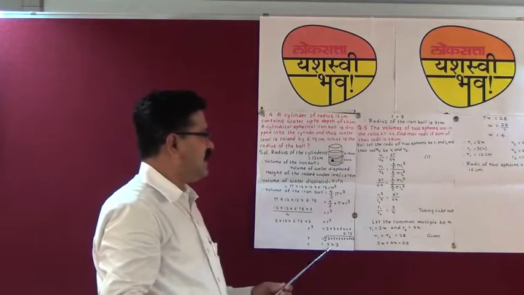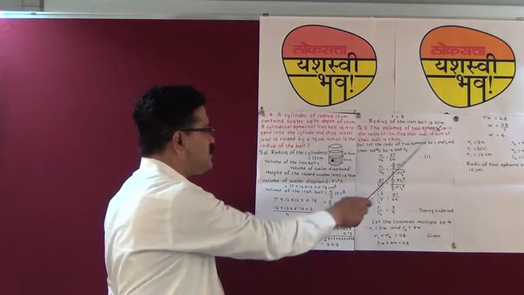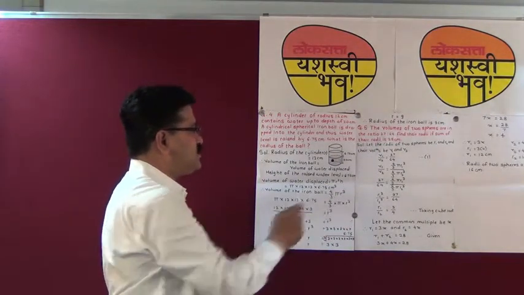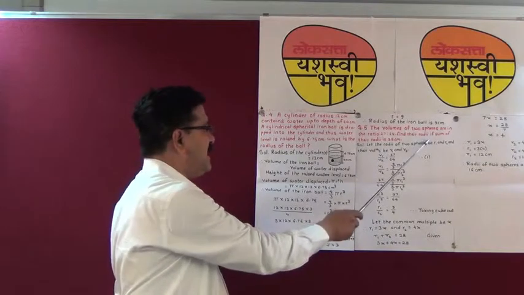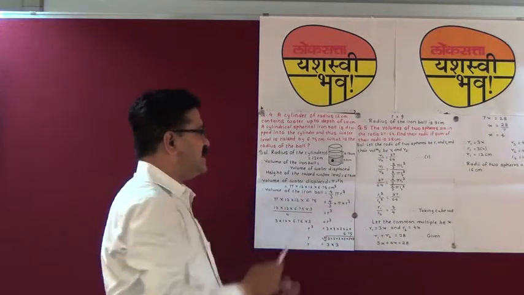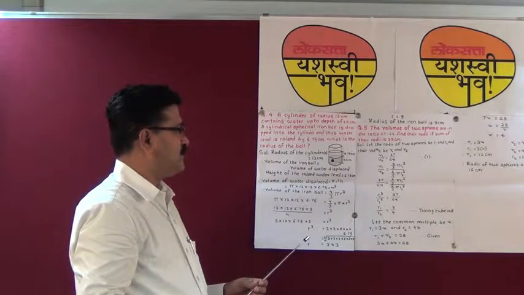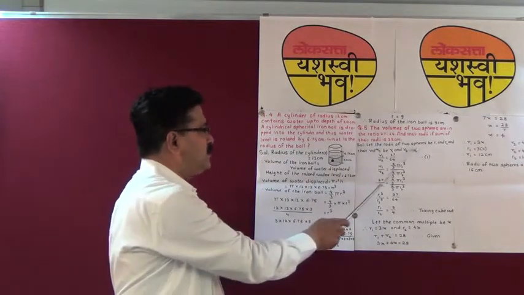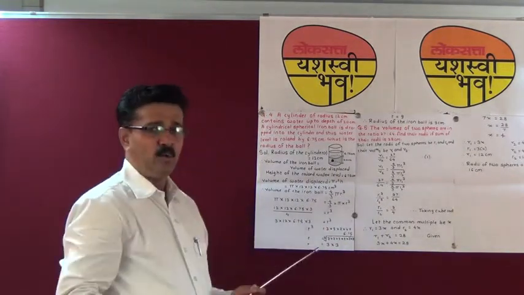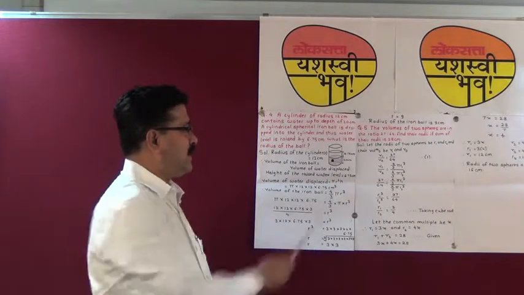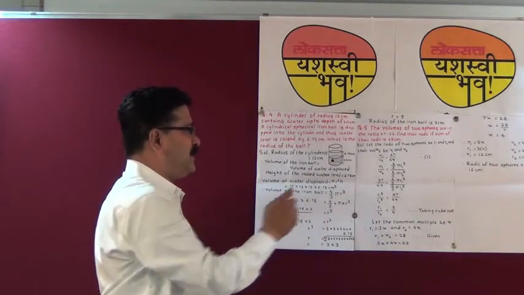Now see the next sum. The volumes of two spheres are in the ratio 27:64. Find their radii if sum of their radii is 28 centimeter. Now let the radii of the two spheres be r1 and r2. Their volumes be V1 and V2 respectively.